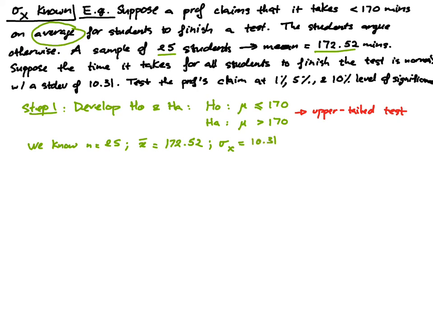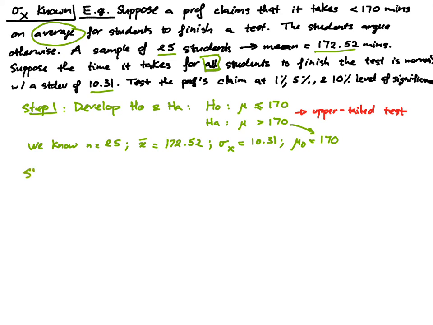How do I know this? I know this because it says the time it takes for all students, right? This is a keyword. When we're talking about all students, that's the population. And then the hypothesized value is 170. That's the value that goes into your hypotheses.